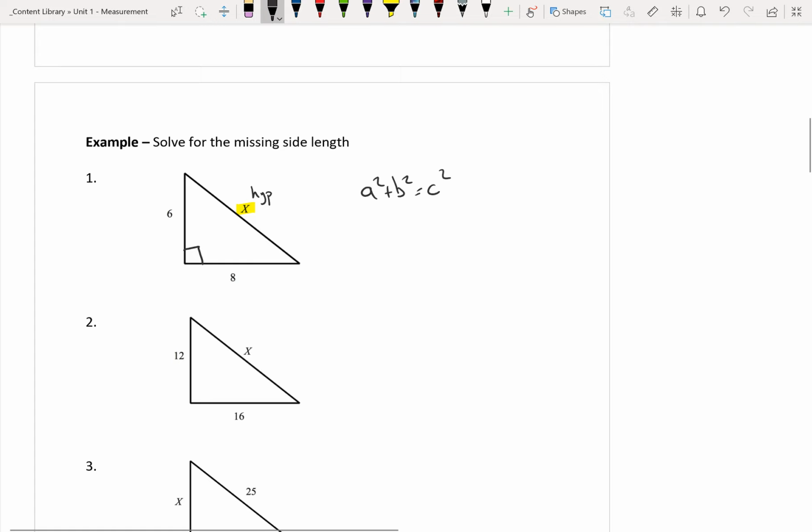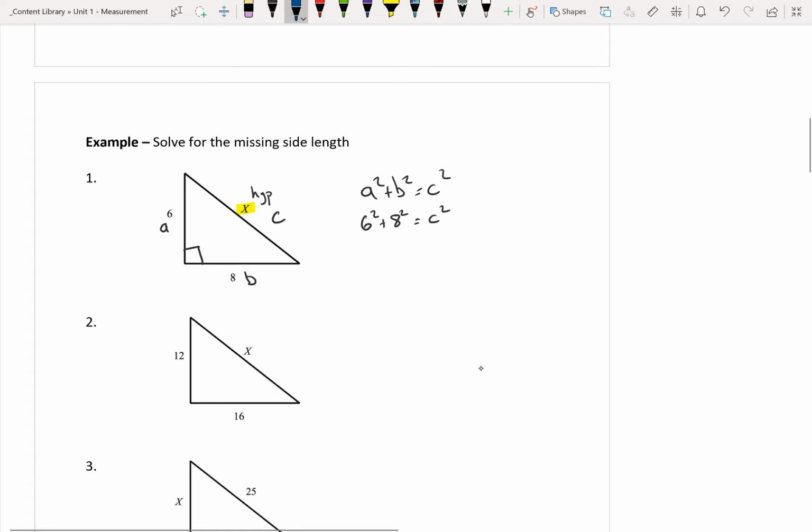So looking back at that previous triangle, this can be my A, this can be my B, and my hypotenuse is always C. So I'm going to replace A and B with those side lengths. So it would be 6 squared plus 8 squared equals C squared.